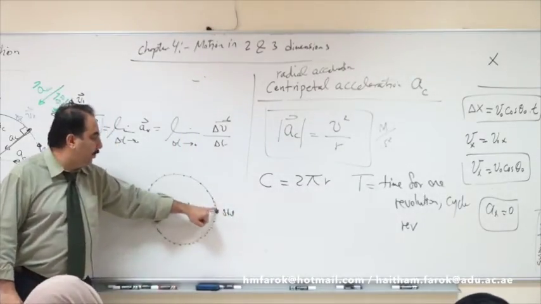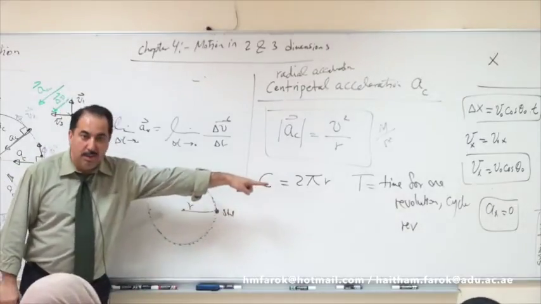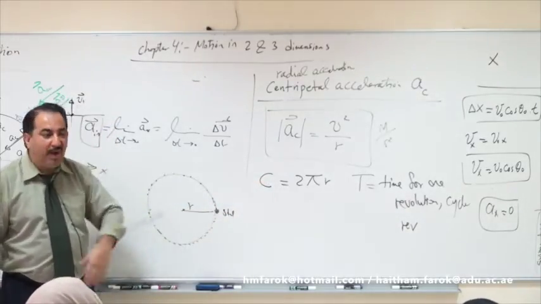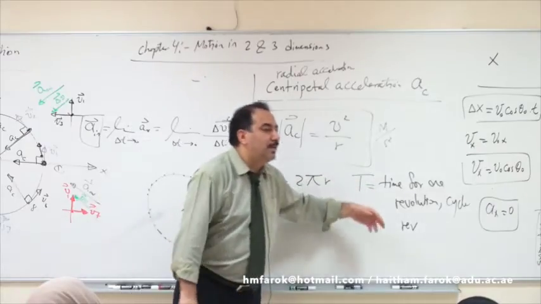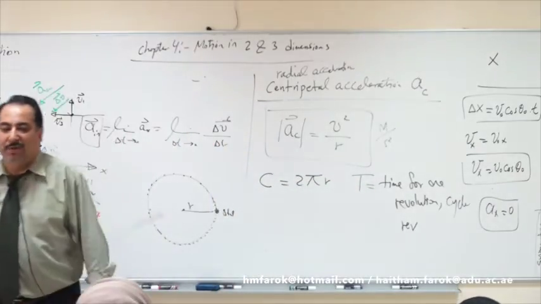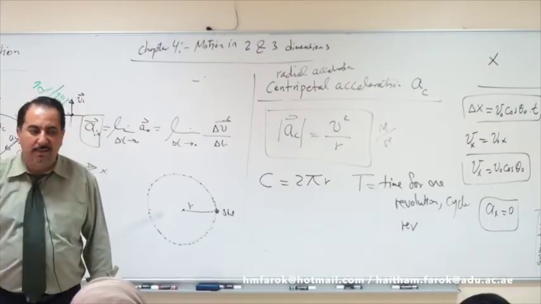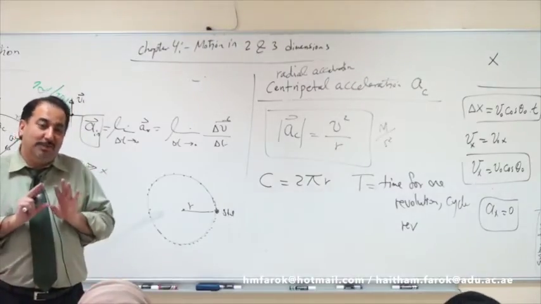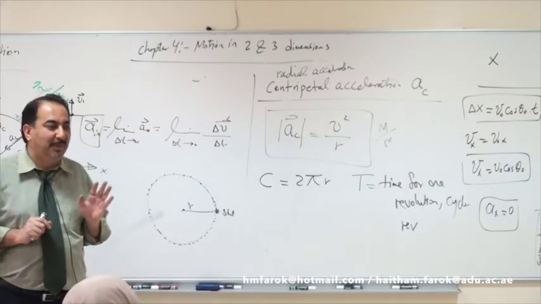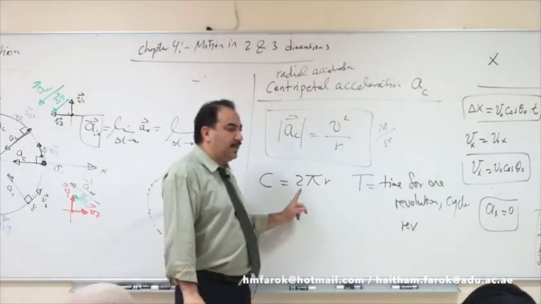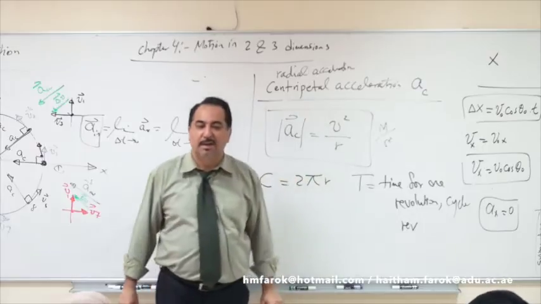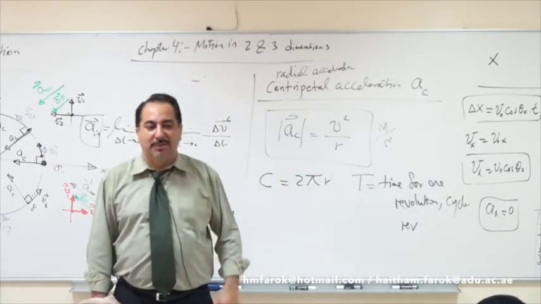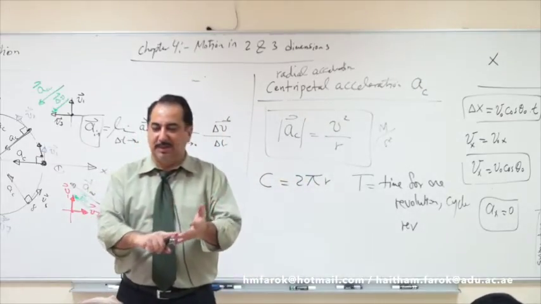Okay. Now, C is the distance from here back to there. What is the time from here back to there? Capital T. If I divide the distance over the time, what do we get? Either you say it louder or keep silent. I cannot hear. If you divide the C over the T. Look, someone said velocity, someone said speed.